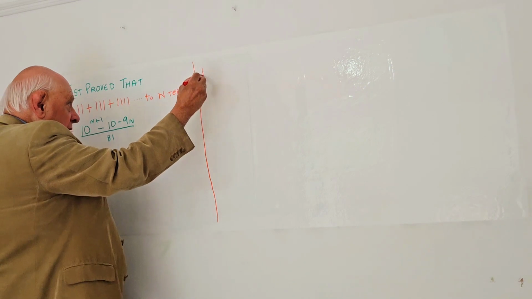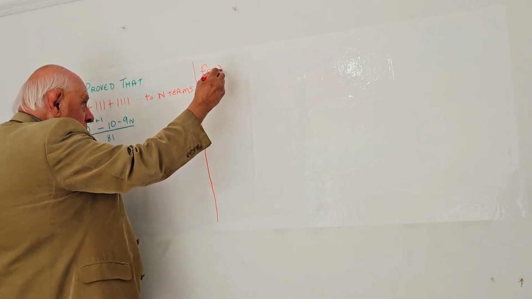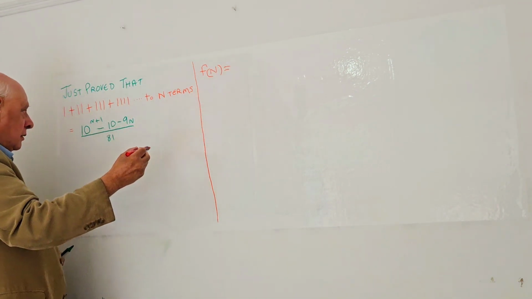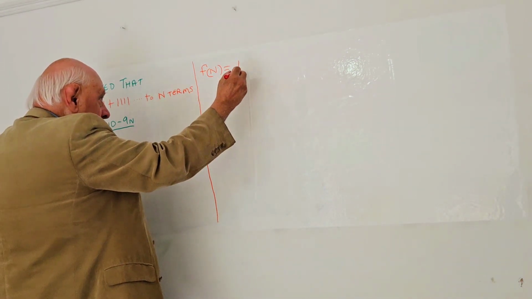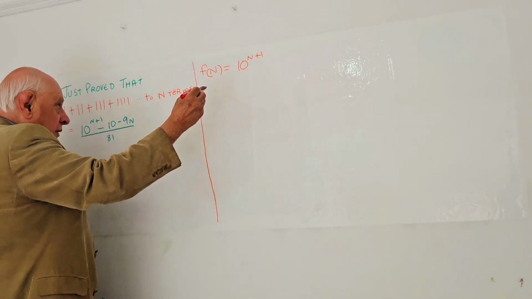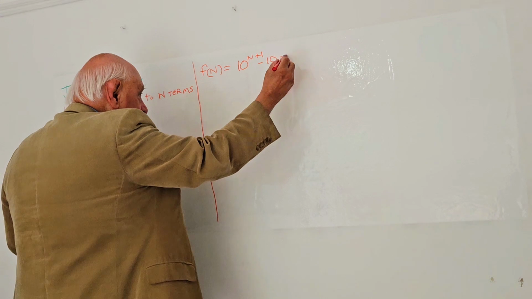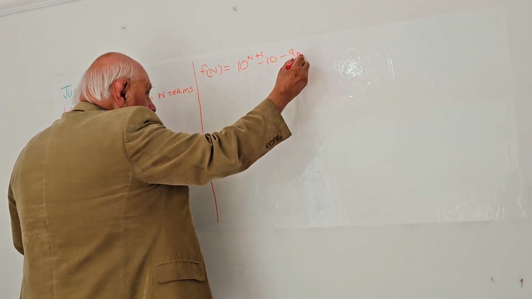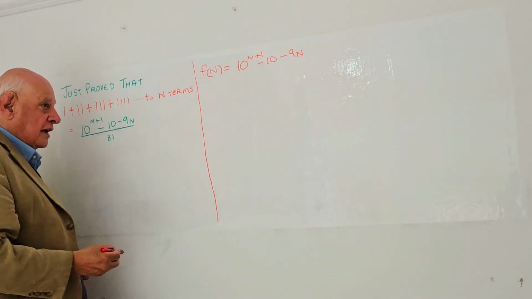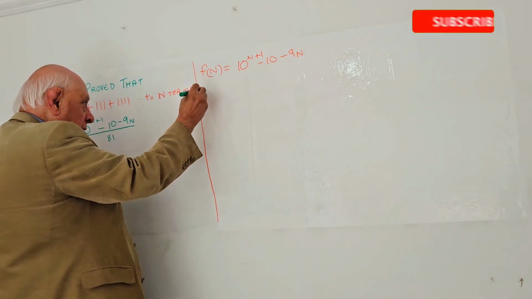So let f(n), function of n, equal what I've written down there: 10 to the n plus 1 minus 10 minus 9 times n. And then if we replace n by n plus 1, what do we get?